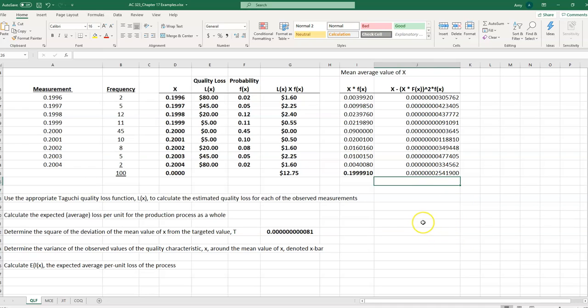Now that we have the variance of the observed values of X around the mean value, we can calculate our expected per unit loss of the process.